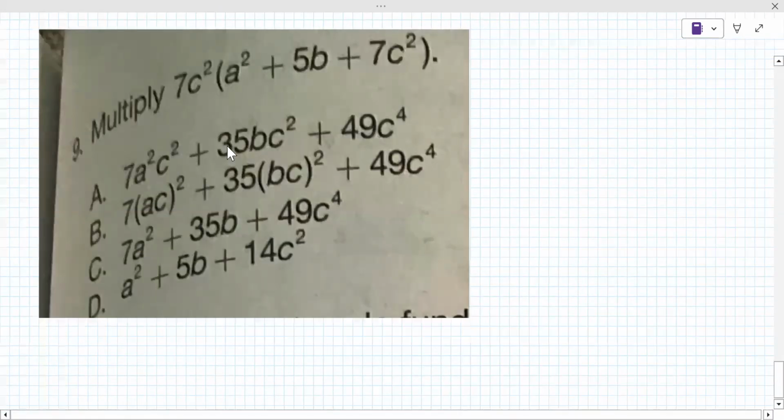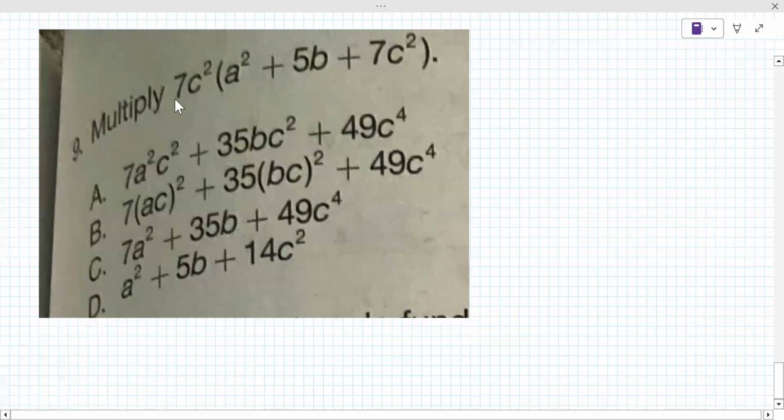Okay, it says to multiply 7c squared times a squared times 5b times 7c squared. And again, I'll just point you to the answers. Look at some of the answers, see what's similar, see what's different. Like I noticed right away that the last one, there's 3 49s and a 14. That might tell you something.